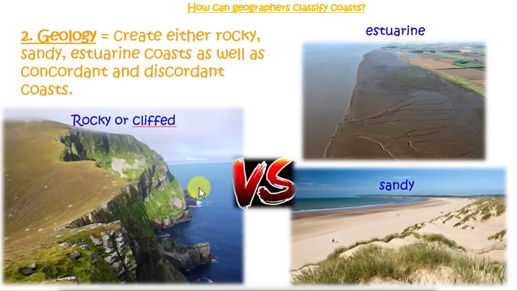So we can either have a very resistant geology that's resistant to erosion, like at Conachair. Very resistant metamorphic and igneous rocks, which are really hard. Now, they resist erosion, all right?